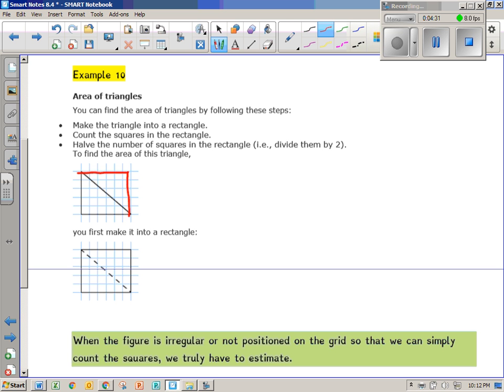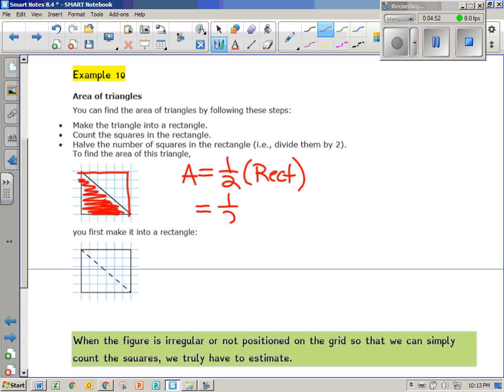Pencil doesn't always go where you want it to. But let's just find the area of the whole rectangle, and then we just want half of it. So we'll take half because we just want this part. So the area is going to be half of the rectangle, just abbreviate rectangle.